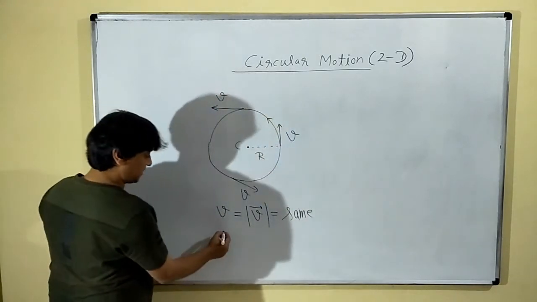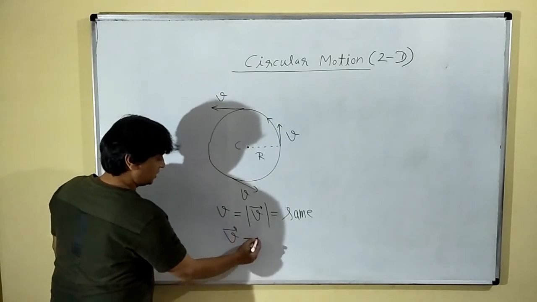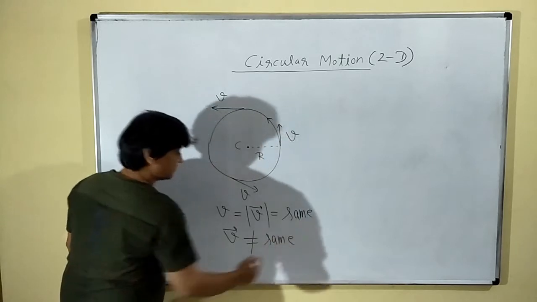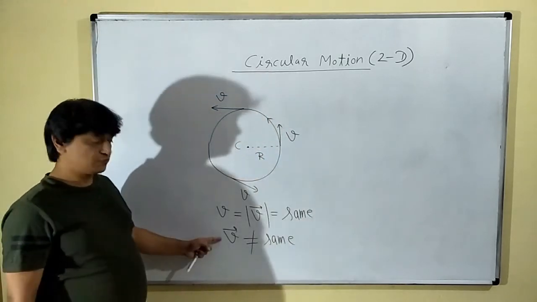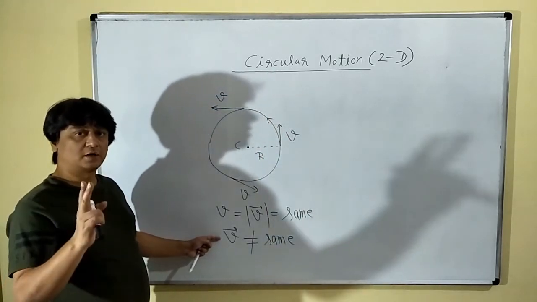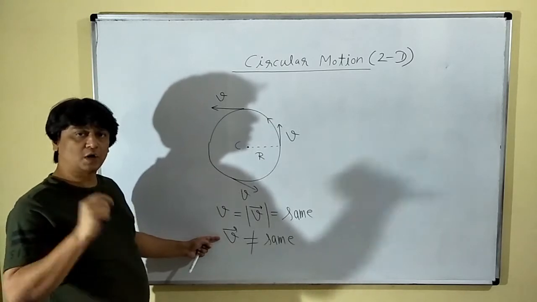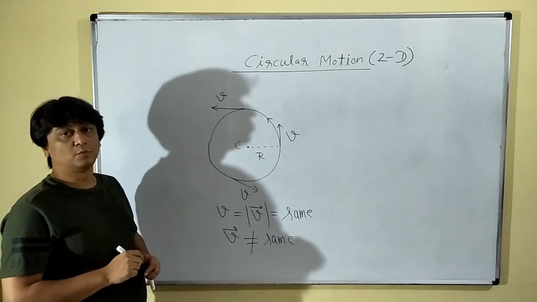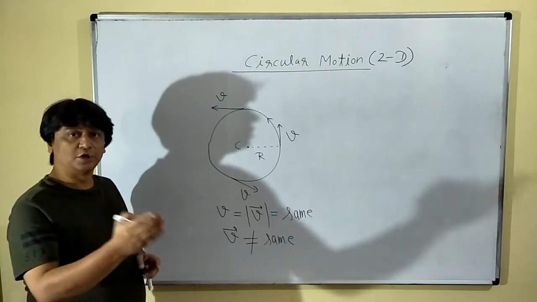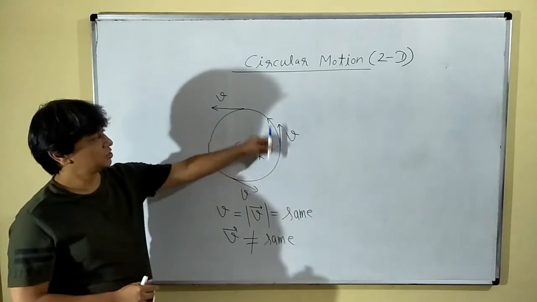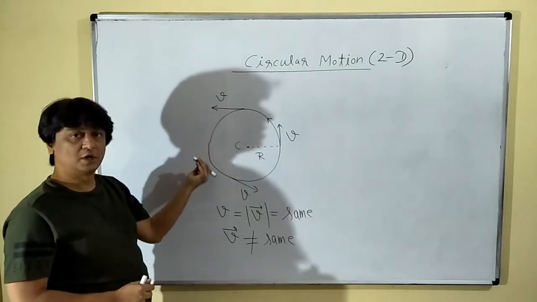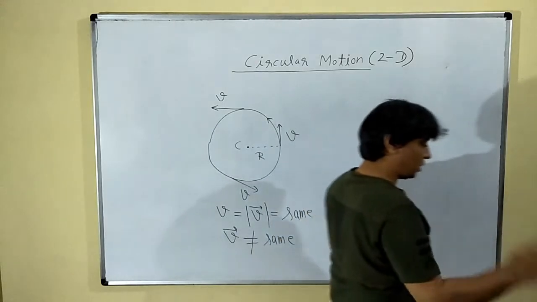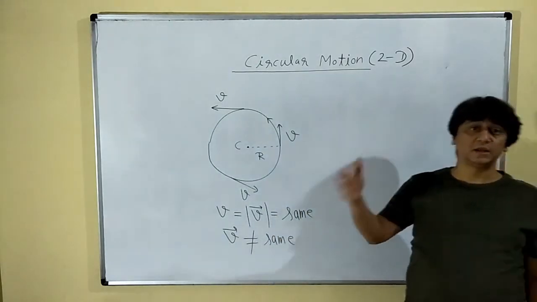Remember, V is not the same. This is the velocity vector, and a vector has two things, magnitude and direction. No matter what you do, in circular motion the direction will change. Direction will continuously change. And therefore, in circular motion, velocity can never be the same.